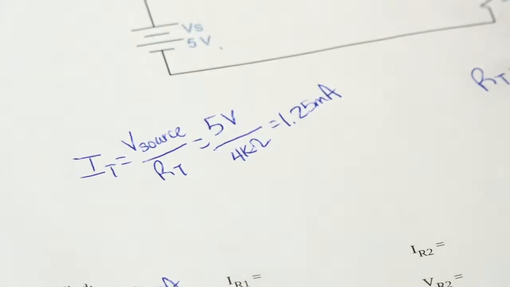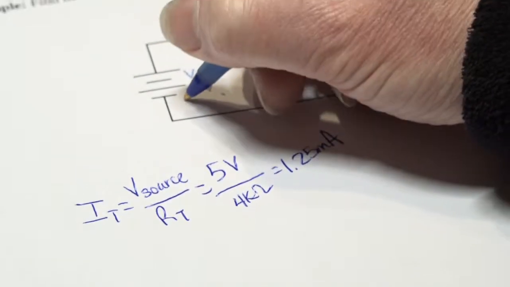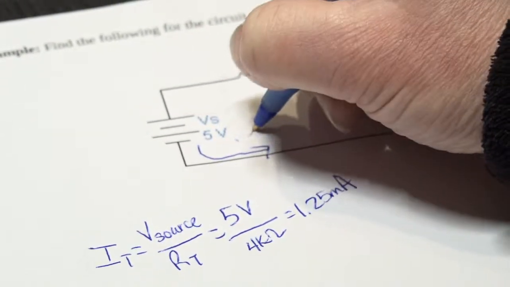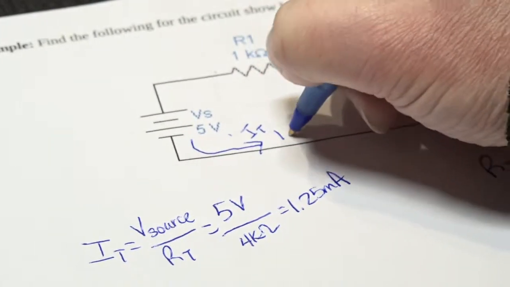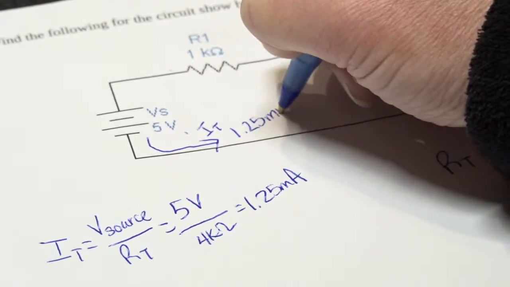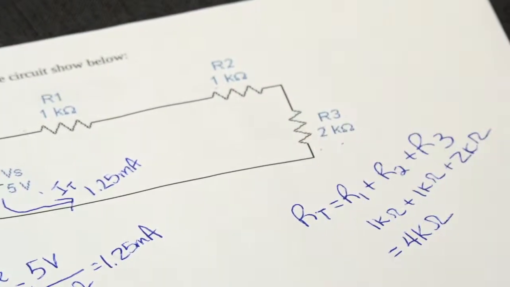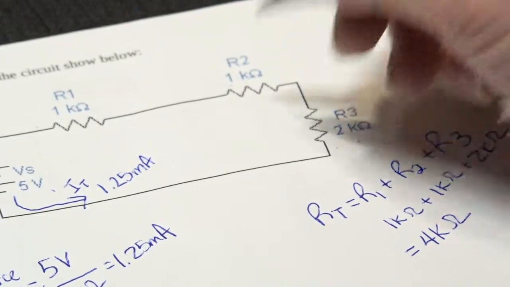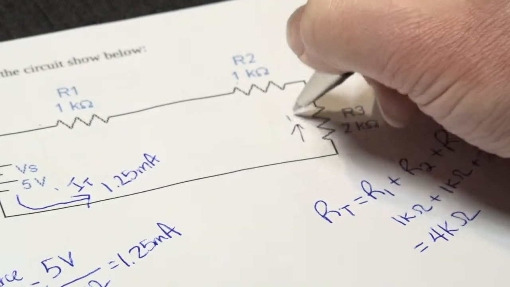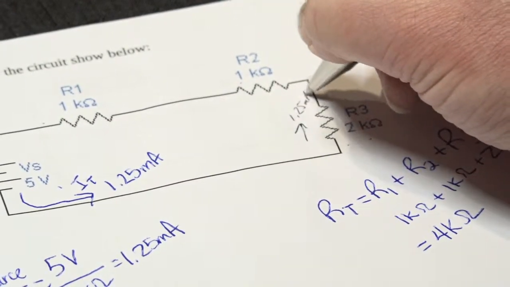Now remember, I like to kind of write that down here. So I know my total current so far is going to be 1.25 milliamps. Now, note, because it's going to be going through resistor 3 here, we know that that's going to be 1.25 milliamps.